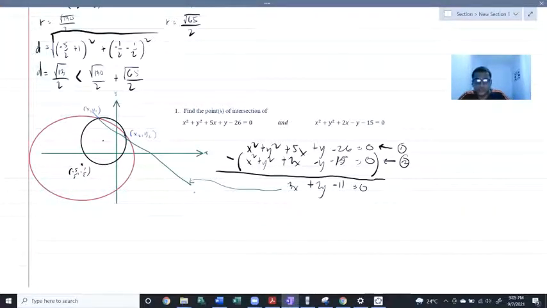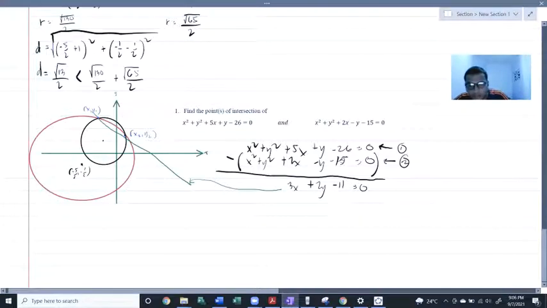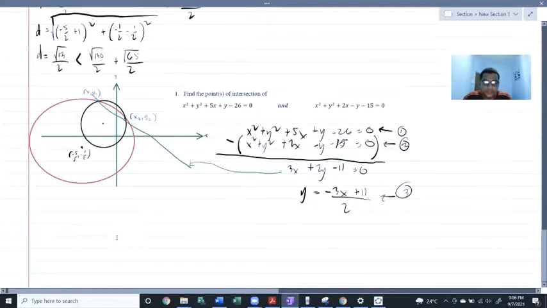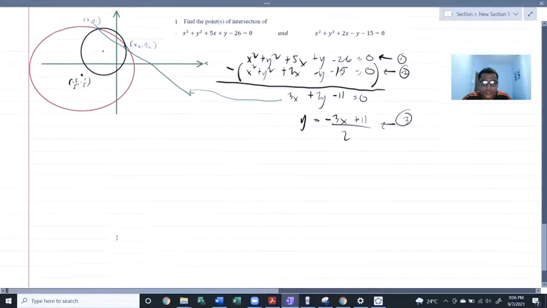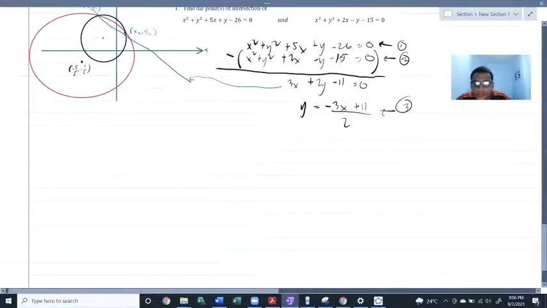So let's do it. Our y will be equal to negative 3x plus 11 over 2. So this is our equation 3. Now let's substitute equation 3 to equation 1.